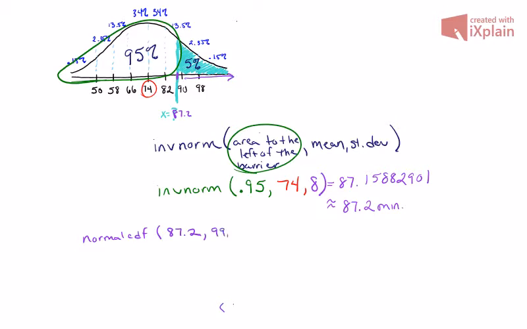So again, I'm going to use my ridiculously large, arbitrarily chosen 99,999 as my upper bound. The mean stays 74, and the standard deviation stays 8. So if I go second vars, option 2 to get that normal CDF, and then enter my data in, what I end up getting is 0.0494714509.